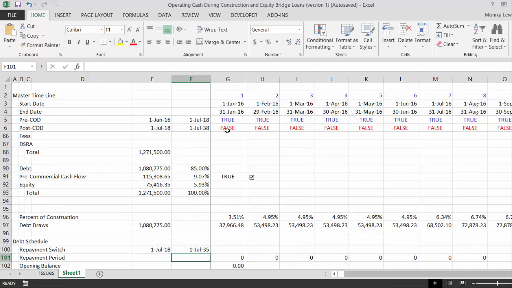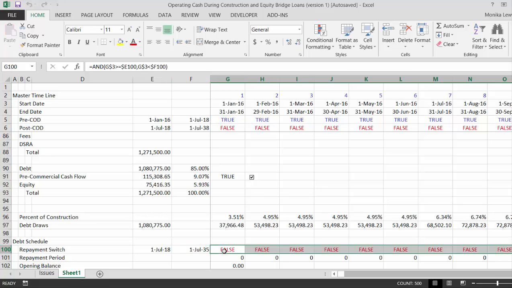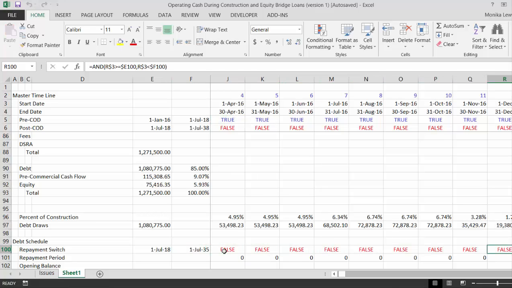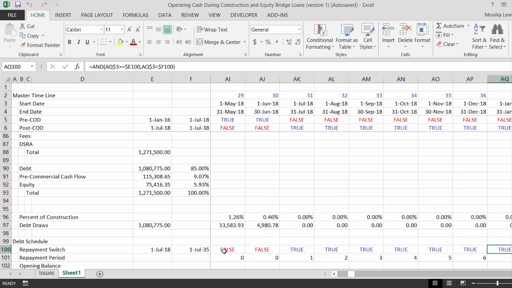Okay, and I think if we are lazy, we can just copy this to here. We'll have to, because it's conditional formatting, I guess. And so we finally start repaying it here. And we better be finished at about period 70, I think.